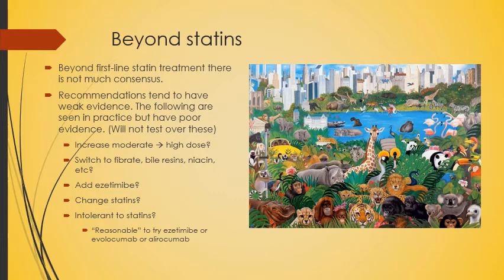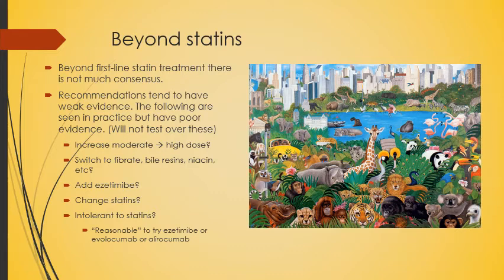Beyond statins, and that's that whole chart with the fibrates and the bile resins and things like that, the recommendations are kind of all over the place and vary a lot between health providers and their own experience with them. So there's not much consensus on what's going on.